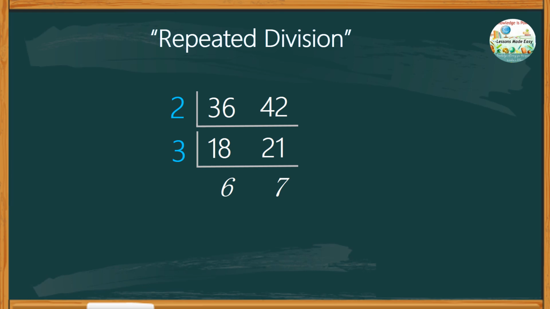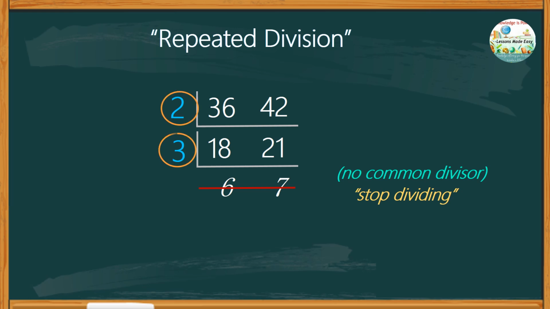It means that 6 and 7 have no common divisor, and therefore you need to stop dividing and just ignore these uncommon factors. And the last step is to take the product of the common factors, which are 2 and 3. 2 times 3 is 6.